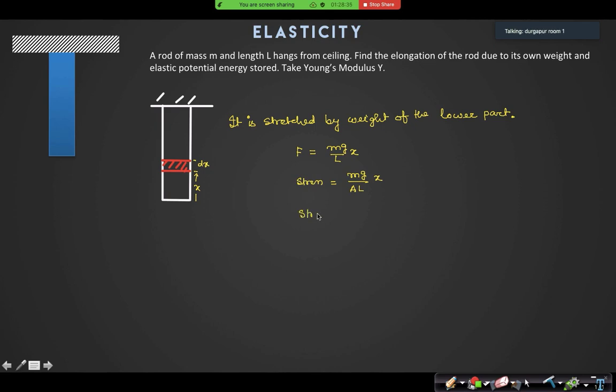So what is strain? Strain is dl by dx. I'm sorry, dl by dx, where dl is the elongation of this small dx part.